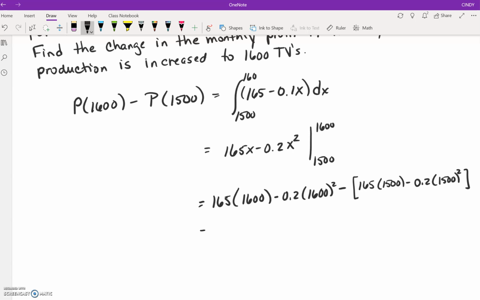Okay, that is about 136,000 for the first part minus 135,000.